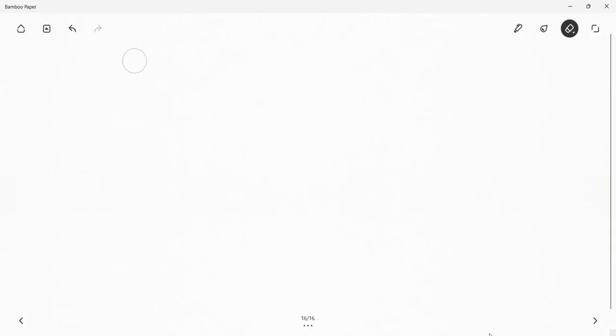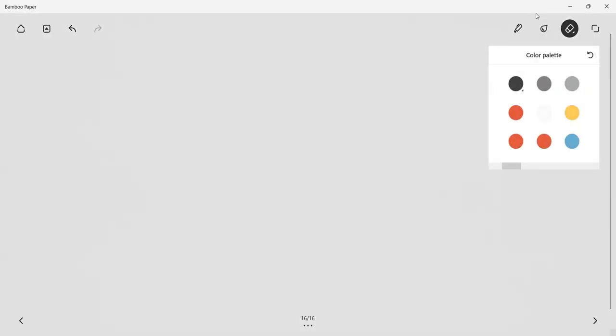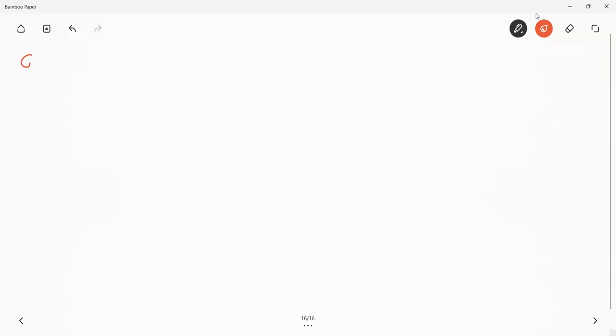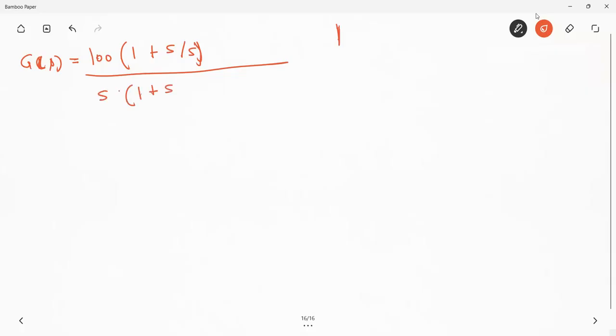So this g of s value is equal to 100 into (1 plus s by 5). So this answer I got equal to 100 s by 5, then s square (1 plus s by 2) and (1 plus s by 25).